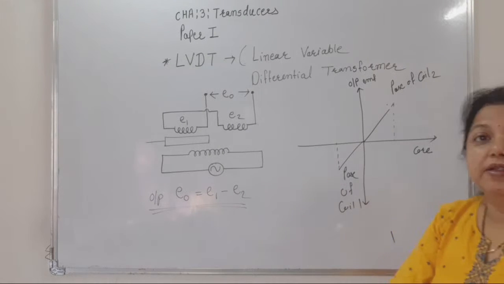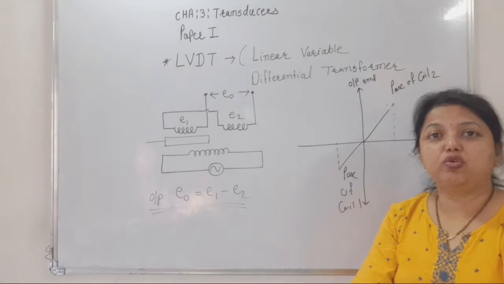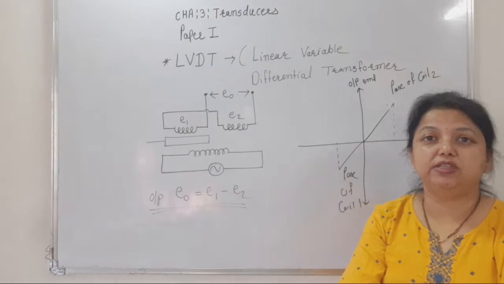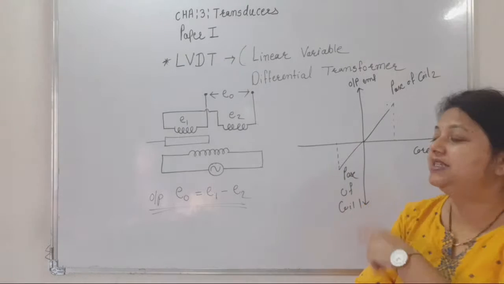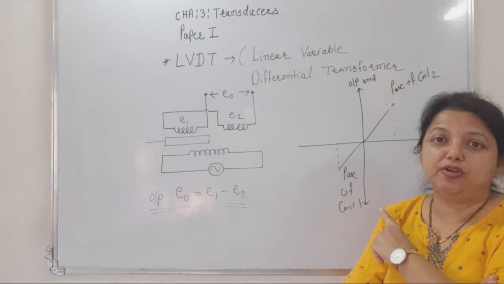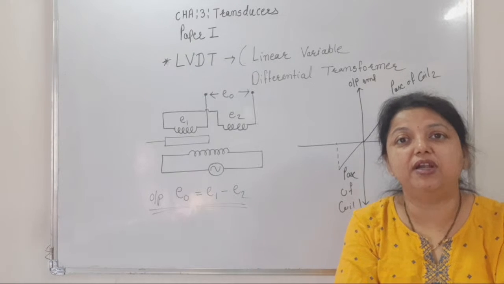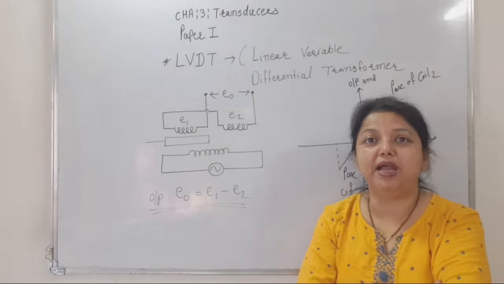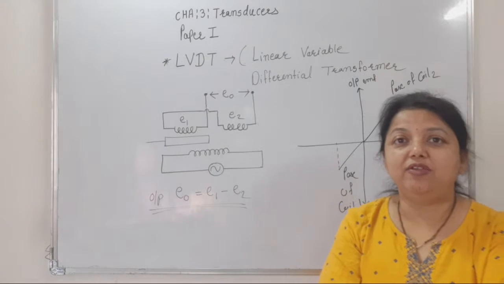Okay. Now if the question is to explain the linear variable differential transducer, then you have to draw this diagram, explain the diagram, draw this graph, explain the graph, and also discuss the advantages and disadvantages of the LVDT. What are the advantages?